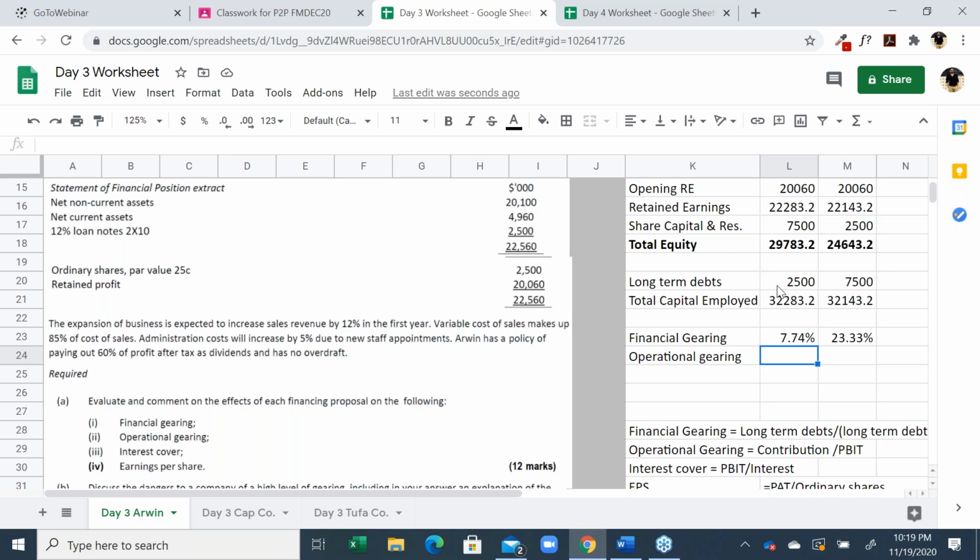So business risk is usually because of fixed costs. That's why the formula is contribution divided by PBIT, because the difference between contribution and PBIT is the fixed cost. So if this ratio is higher, it means the gap between contribution and PBIT is higher. And if the gap between these two figures is higher, it means your fixed costs are higher. And if fixed costs are higher, it means you have a high business risk.